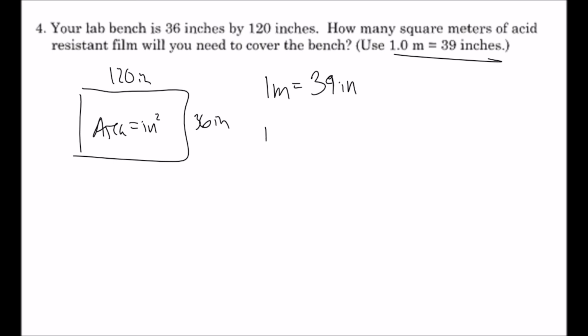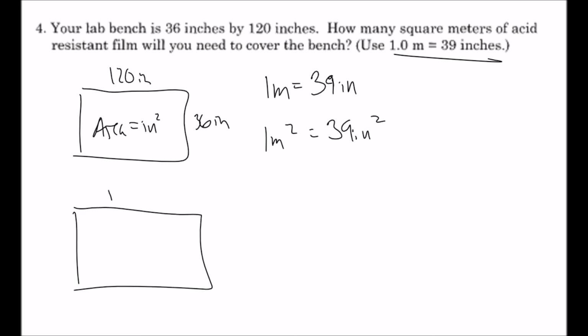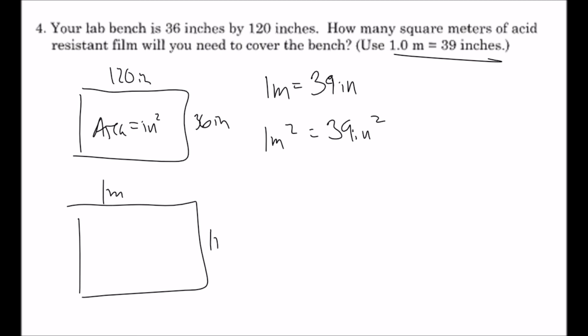What I need to be careful of is that 1 meter squared is not equal to 39 inches squared. I think the best way to envision this, 1 meter by 1 meter, that area would have an area of 1 meter squared. And both of those meters equal 39 inches.